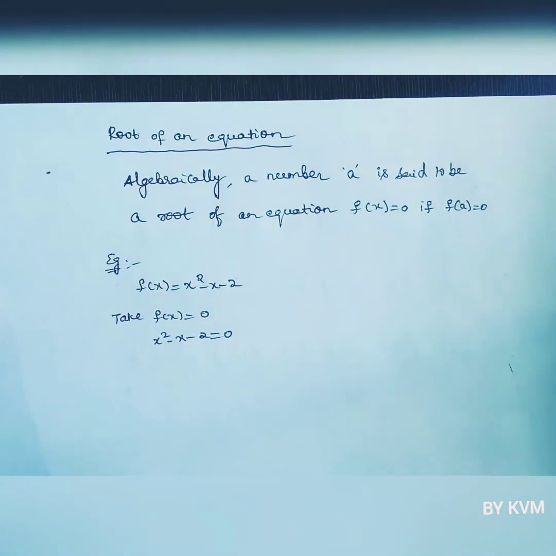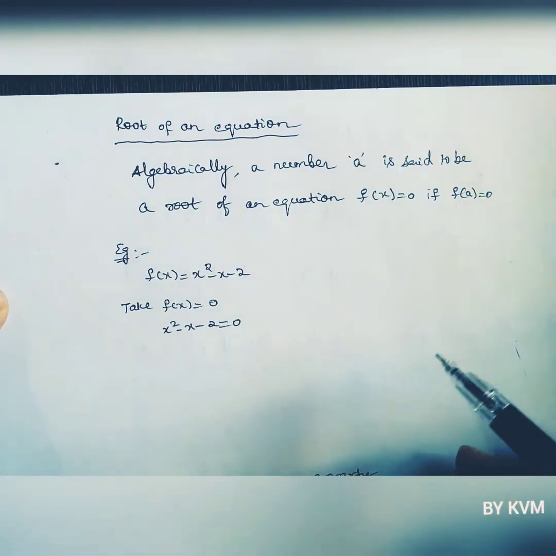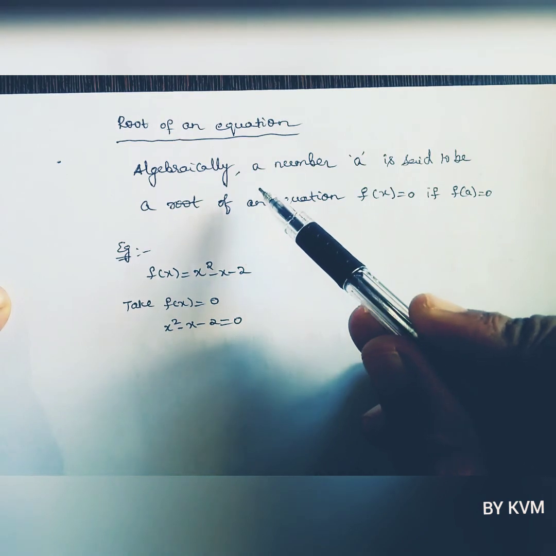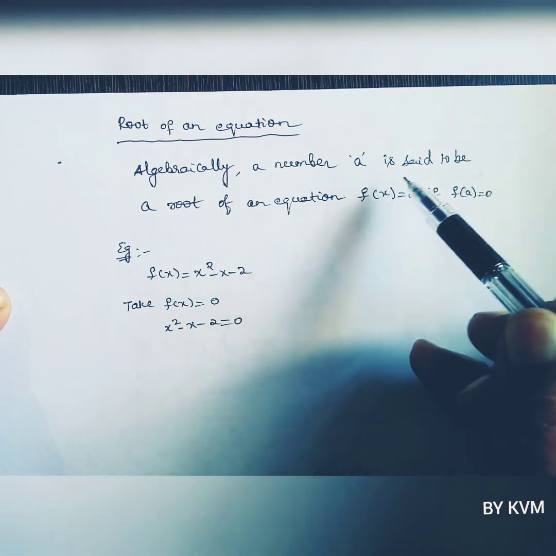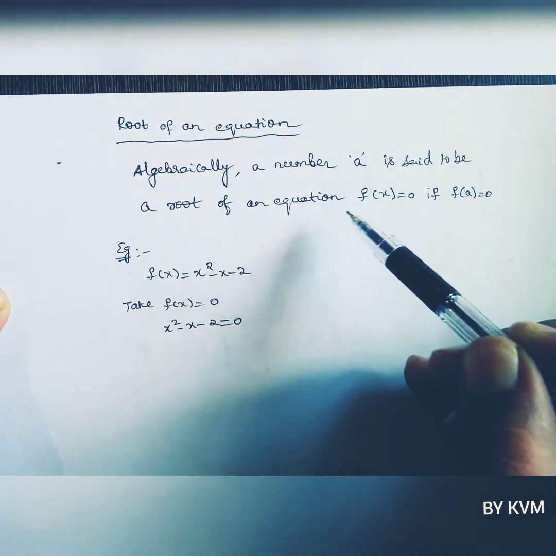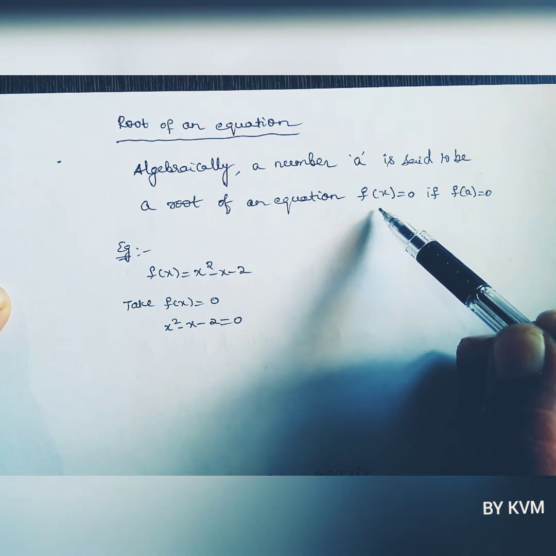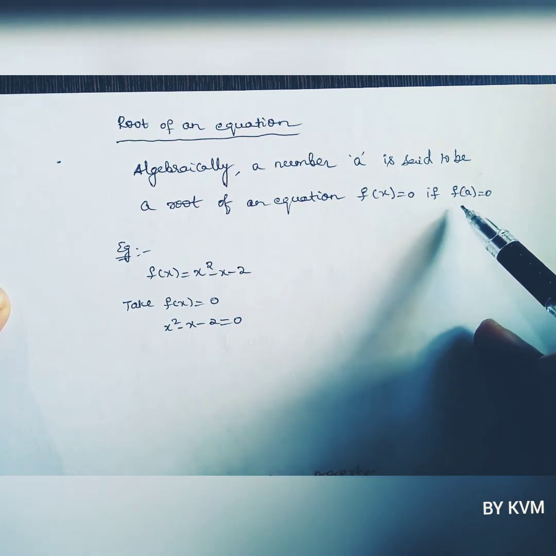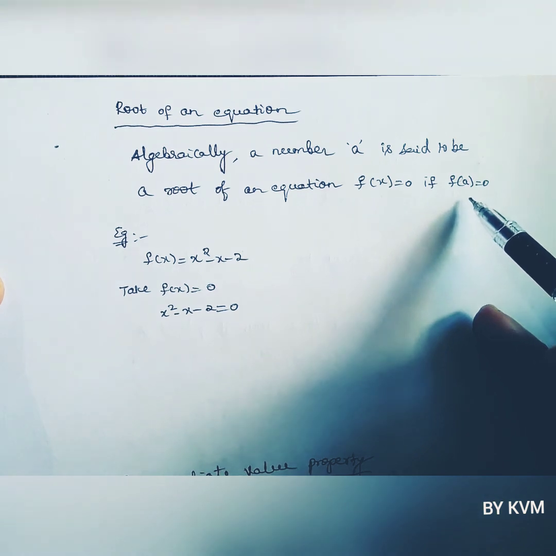Now let us see what is meant by root of an equation. Algebraically, a number a is said to be a root of an equation f of x equals 0 if f of a is equal to 0.